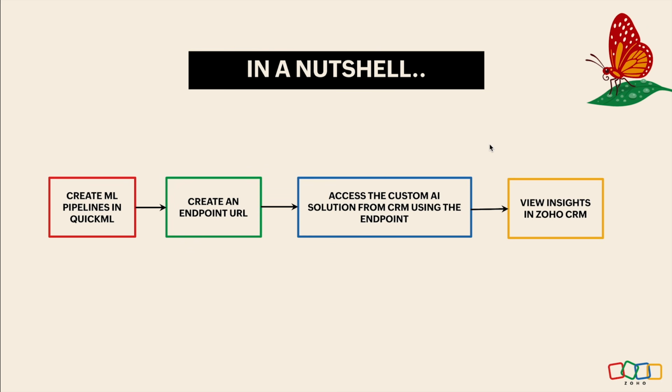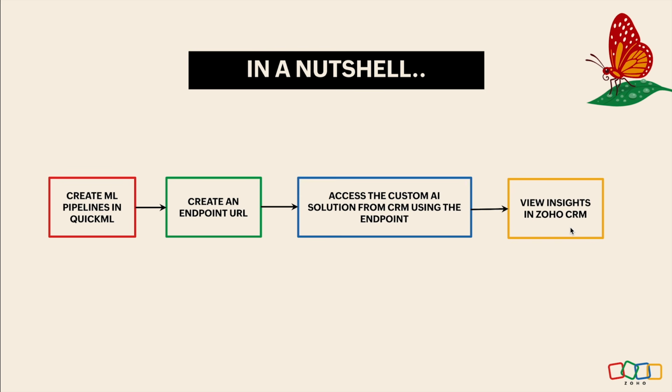So before we conclude, we can have a quick recap of whatever we saw now. We create ML pipelines in QuickML. We create an endpoint URL for the model that we created. Using that endpoint URL, we can access that custom AI solution from Zoho CRM and view those insights in Zoho CRM.